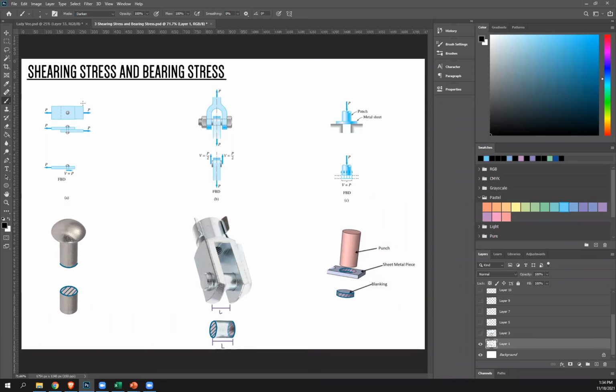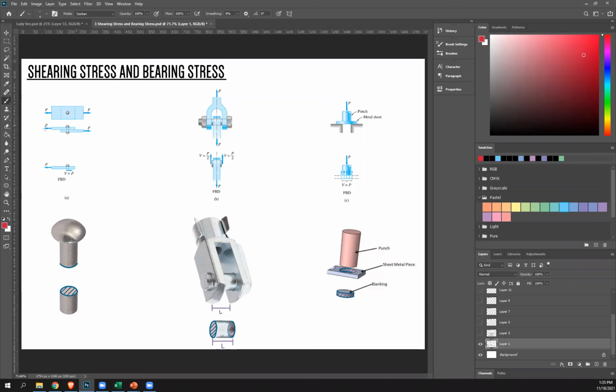For single, we have this, your lap joint, which has a rivet. The reason why it's called single shear is because upon analyzing, the only place where your rivet will experience shear stress is here. So it's only on one area.